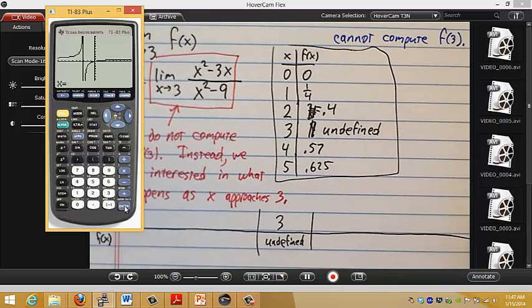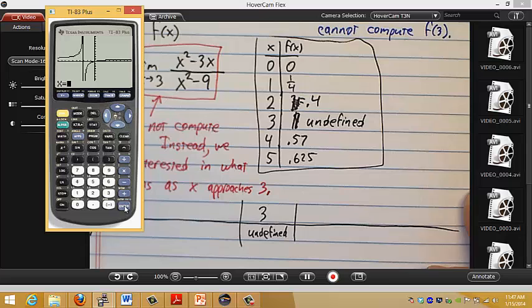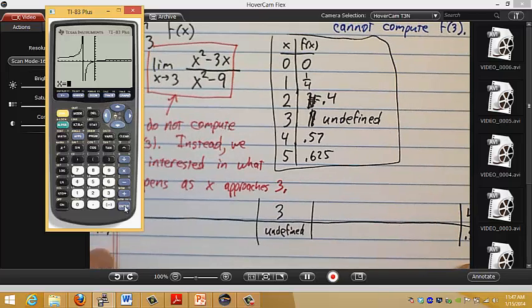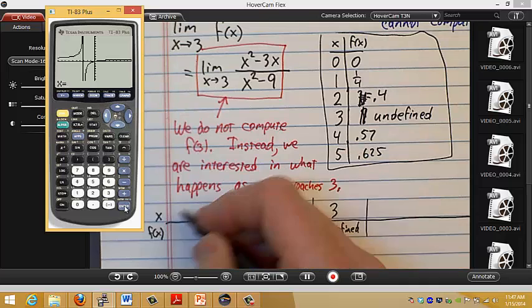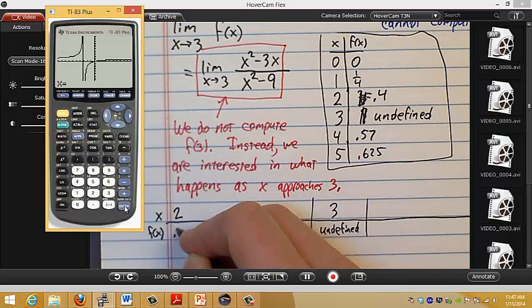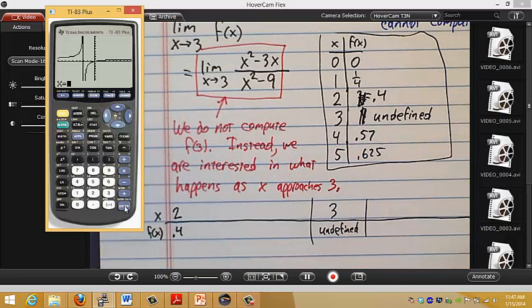Over here, we know that if we have a value of 4, the output is 0.57. Or if we have an input of 2, the output is 0.4. Okay?